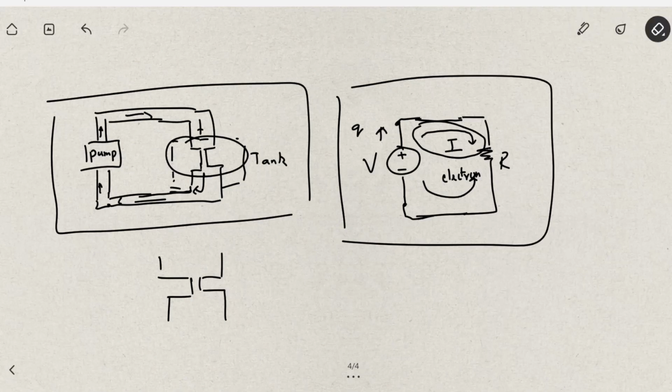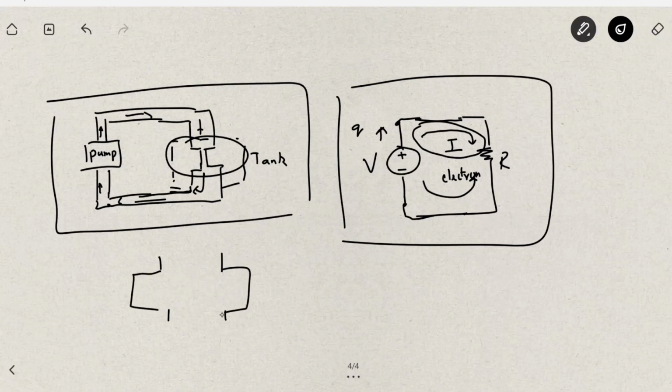If this path would not have been so constricted, if it would have been a much wider tank, fine, then a lesser amount of work would have to be done to move water through this pipe. Similarly is the case here. The more the value of resistance, the more work the voltage source will have to do.